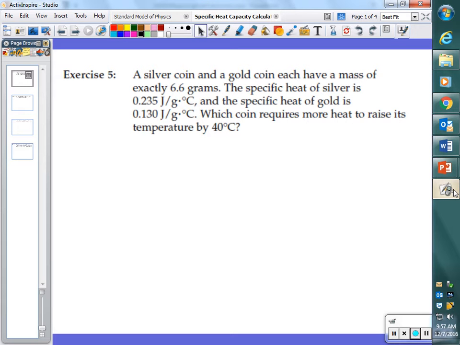So, because silver has a higher specific heat, increased specific heat leads us to harder temperature change.